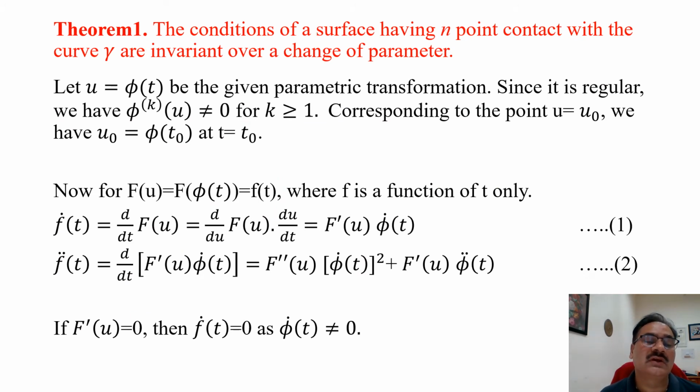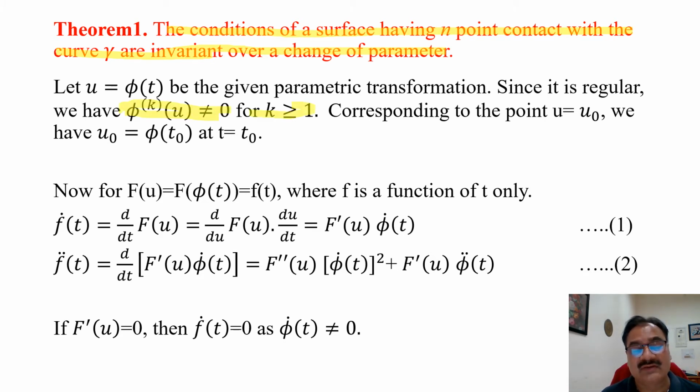Okay, so this is the inference of the theorem. Now this theorem says the condition of the surface having n-point contact with the curve gamma is invariant under a change of parameter. How we can prove this is a very important proof. Let u = phi(t) be a given parametric transformation. Since it is regular, the derivative phi'(t) is not 0.